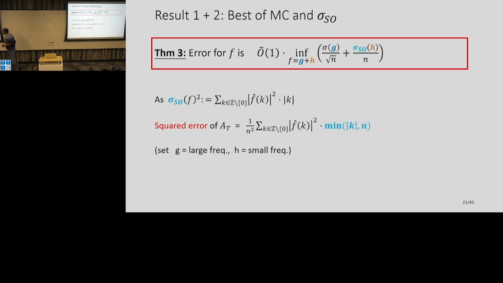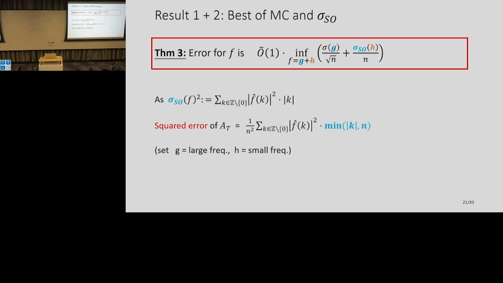Maybe the final result is that you can get this best of both worlds, but now replaced with our improved notion of variation instead of the Hardy-Krauss. One nice thing about that is it gives you a very explicit form for the error, because this sigma SO was this, with a k here. If you use the Fourier representation, you know exactly how you should split your function.